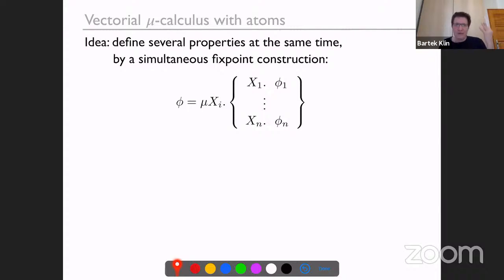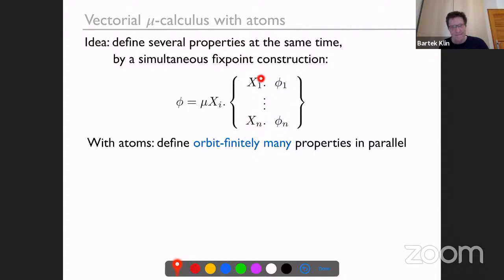But now with our recipe, we can say, aha, there is another place in the definition of the μ-calculus where the word finite appeared. Namely, there are finitely many variables that I'm defining by simultaneous fixed point definition. So what happens if I replace this by orbit-finitely many? I still hit the calculus with the same hammer.